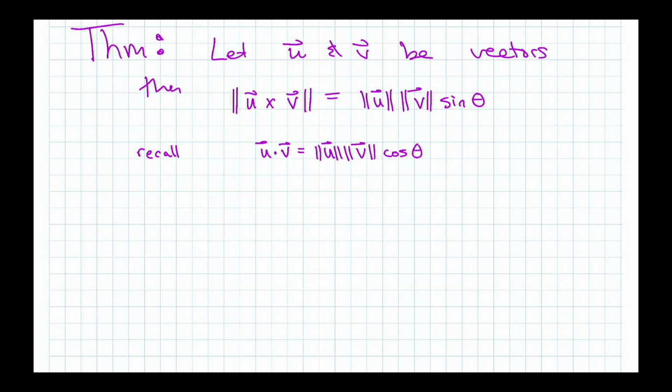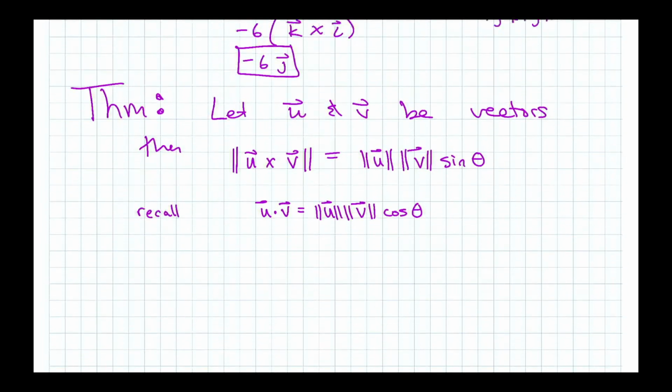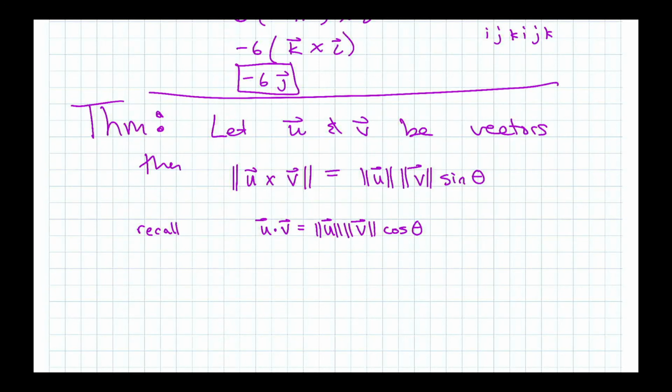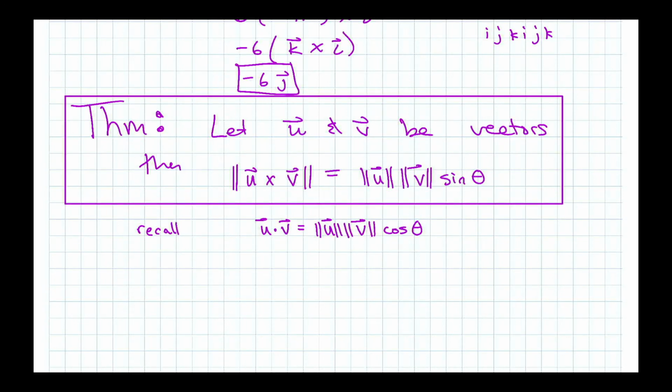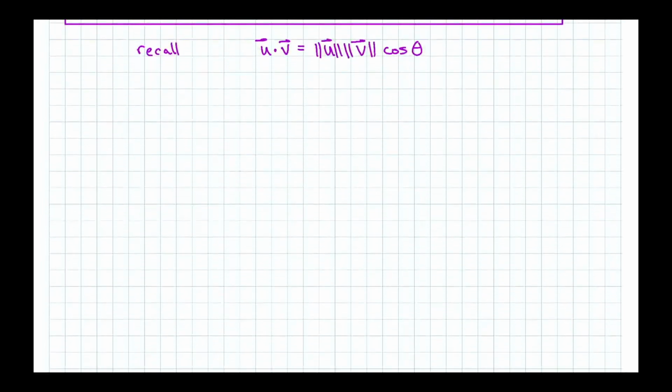The new one is on top, but you have the other one as well. So you have one that has UV sine theta and one that's UV cosine theta. This is the dot product. This is the magnitude of the cross product. So you can use this as a shortcut in order to calculate certain cross products. So let me go back to where I was and let's do something.